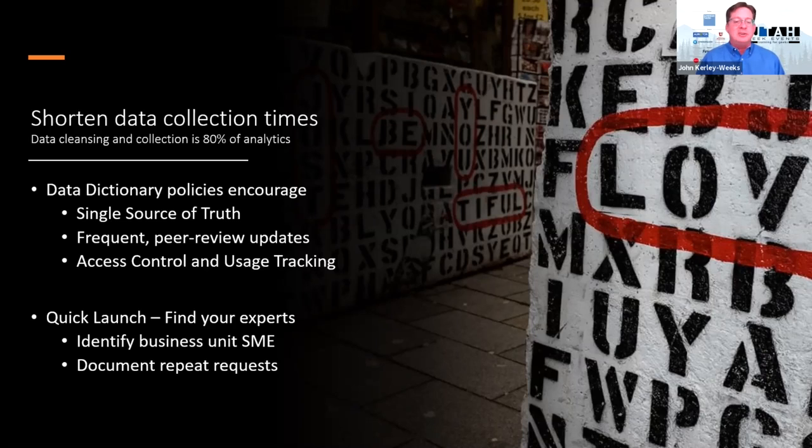So having that data dictionary, providing peer reviews of the data dictionary as it evolves over time and people are asking questions, lets us frequently update the information to provide the most accurate source of relevant data to the organization, as well as providing access control and usage tracking so that you can identify who's using this data source, correct them to use a newer data source, and notify them that a new data source is available.